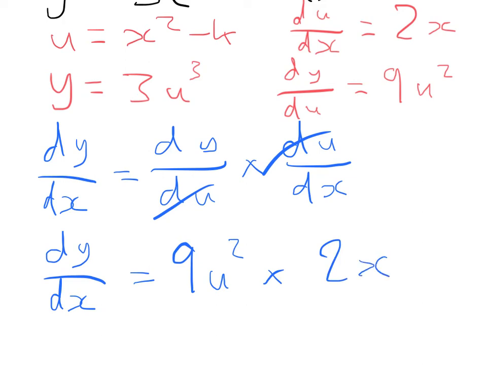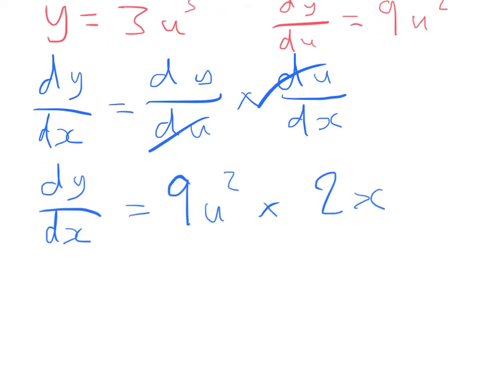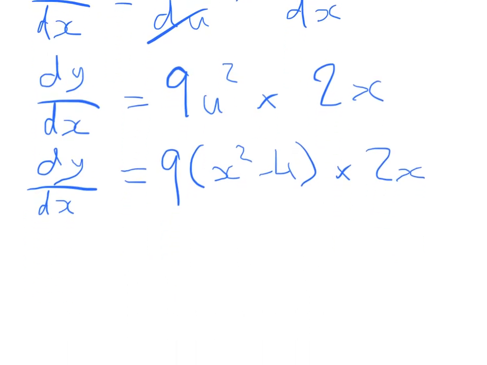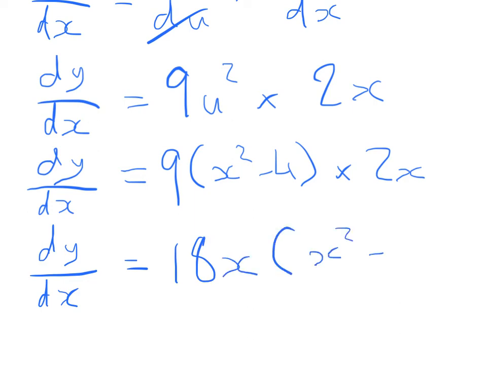But then we have to go back to our original definition of what u is, and u is x squared minus 4. And so we become this. So dy over dx equals 18x times x squared minus 4 squared.